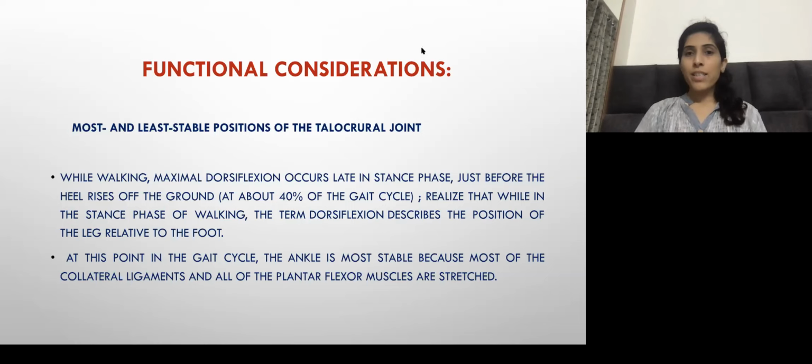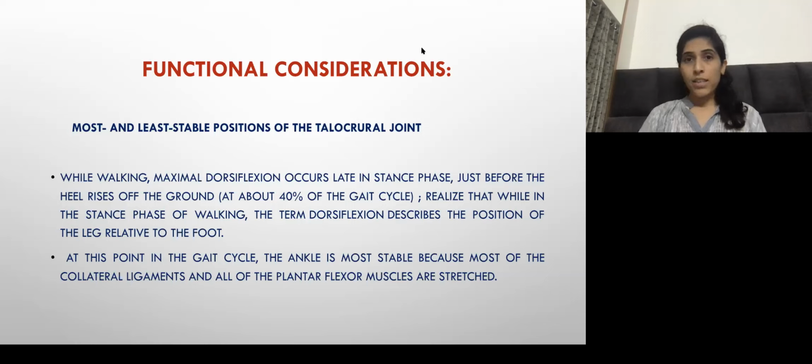So this will be the most stable position, because the talus will get locked into the mortise, and other structures are also supporting this position. So it is called the most stable position.